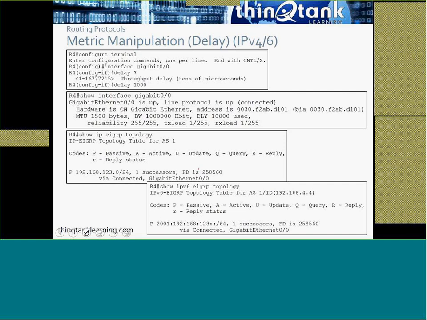It represents something called serialization delay, which is how long it takes for the router to process data from the transmit queue onto the wire, which, by the way, is a function of the type of interface. It takes longer for routers to transmit data onto a serial link than it does onto an Ethernet link, or fast Ethernet link, or gigabit Ethernet link.